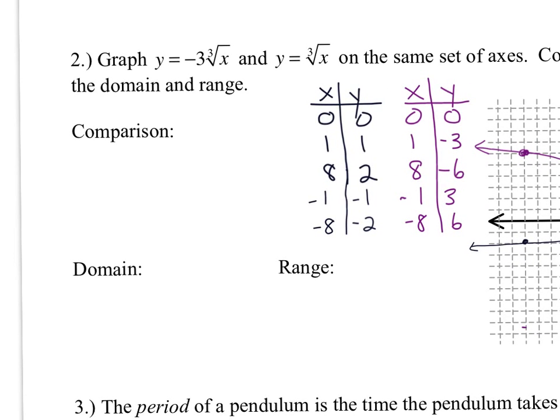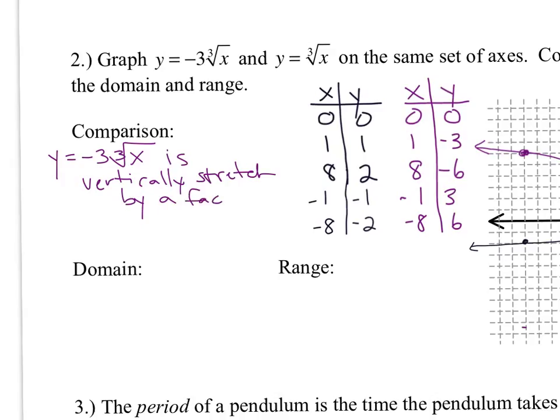So this one, y equals negative 3 cube root of x, is vertically stretched by a factor of 3, and also it's reflected across the x-axis.